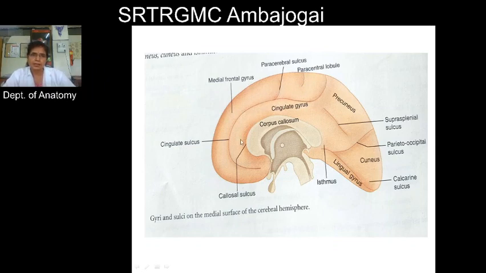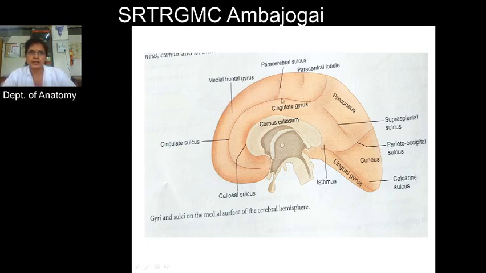The part between the callosal sulcus and the cingulate sulcus is the cingulate gyrus. This cingulate gyrus runs posteriorly and is separated from the area called the precuneus by the suprasplenial sulcus. The part of the frontal lobe above the cingulate sulcus is called the medial frontal gyrus.